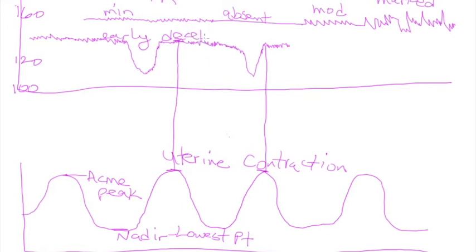So these decelerations are early because they happen before the uterine contraction. Early decels are generally due to head compression from the fetal head being engaged, ready for birth. Variable decels, we'll just draw a second line.